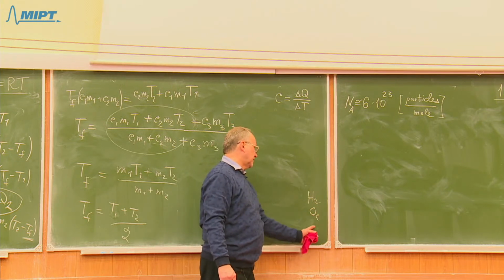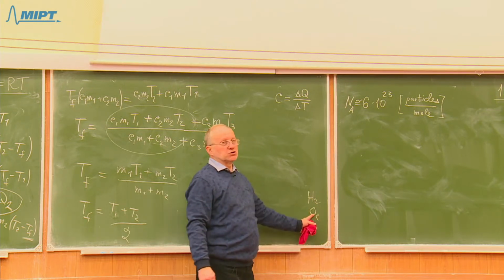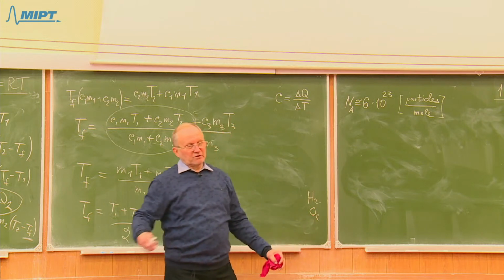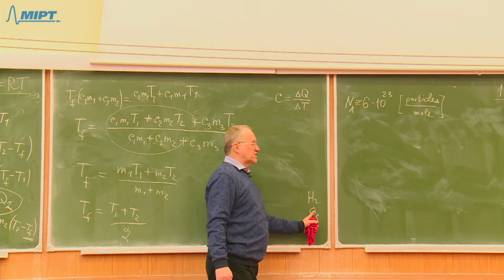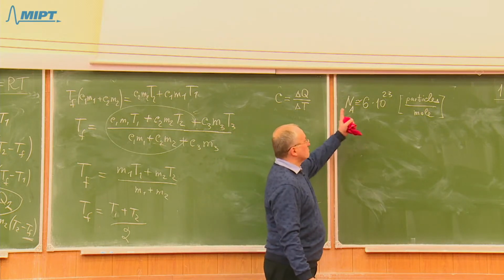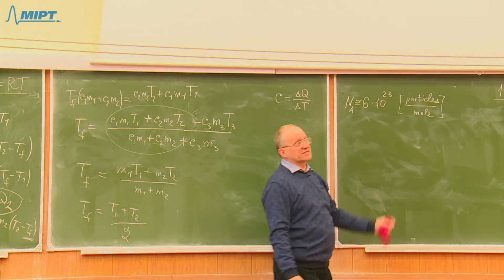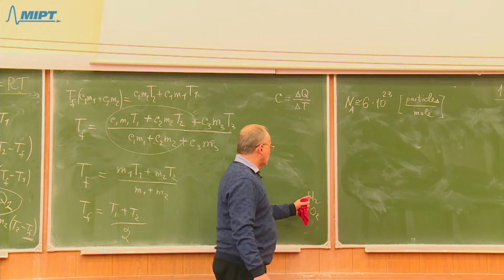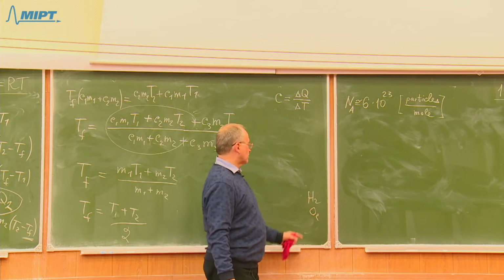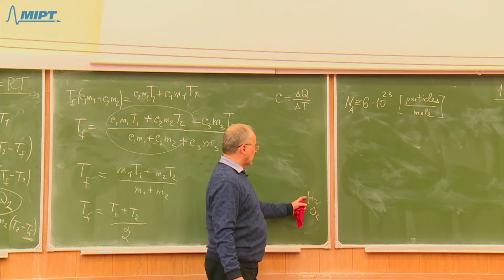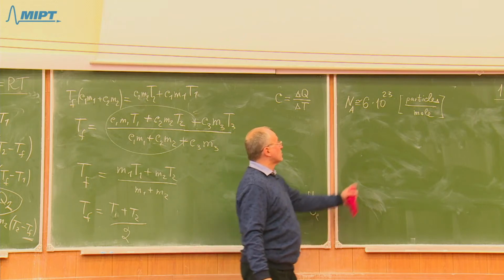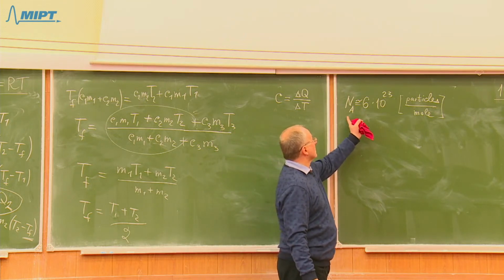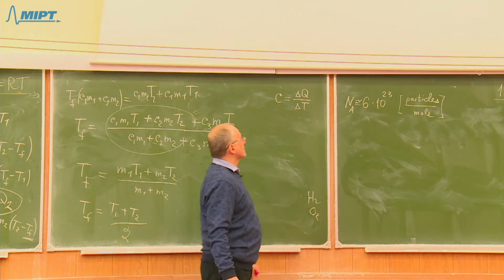It's rounded up to 32. So 32 grams of oxygen will constitute 1 mole, and the number of particles will be the same as in 2 grams of hydrogen. So 2 grams of hydrogen contain the same number of molecules as 32 grams of oxygen, and the number of molecules in 1 mole is given by the Avogadro constant.